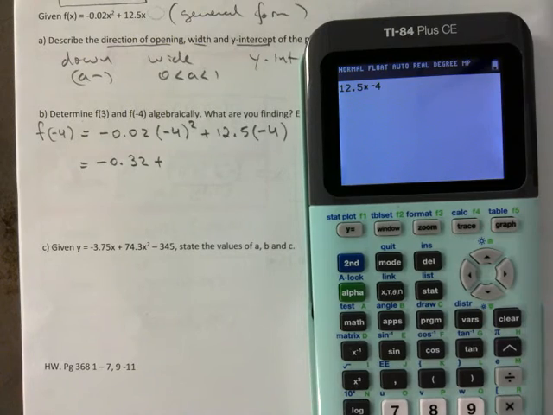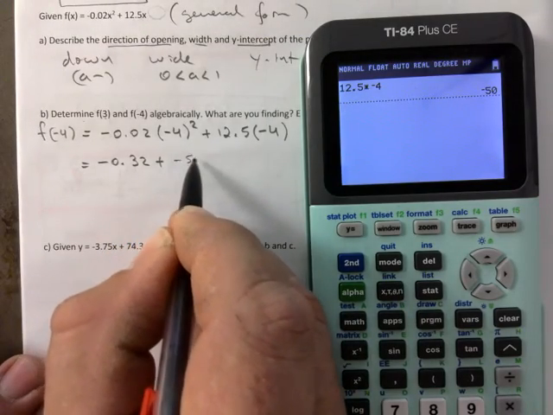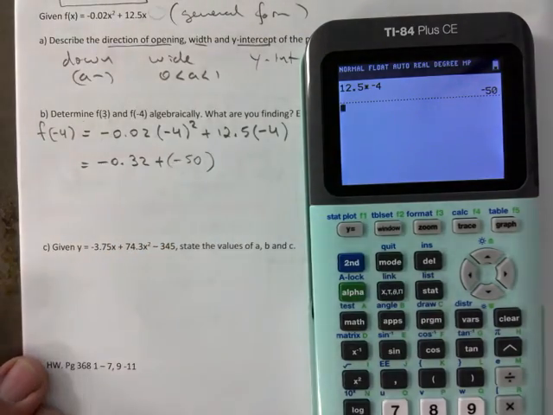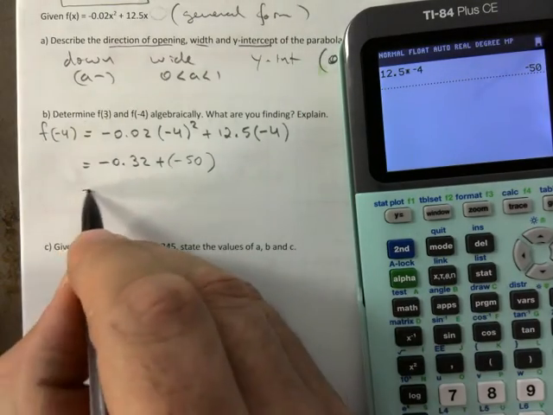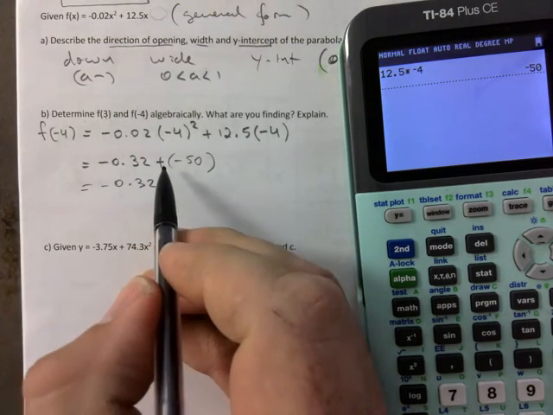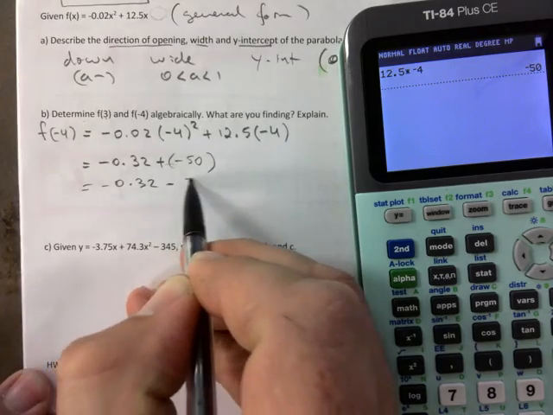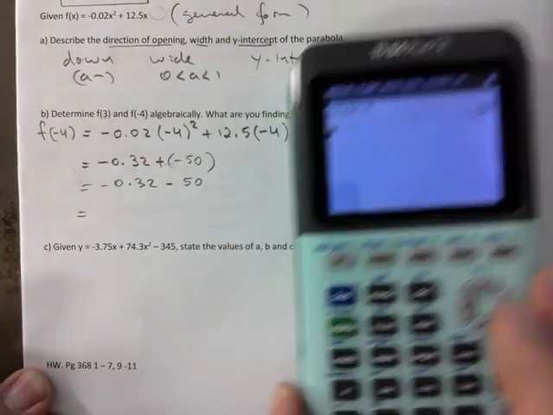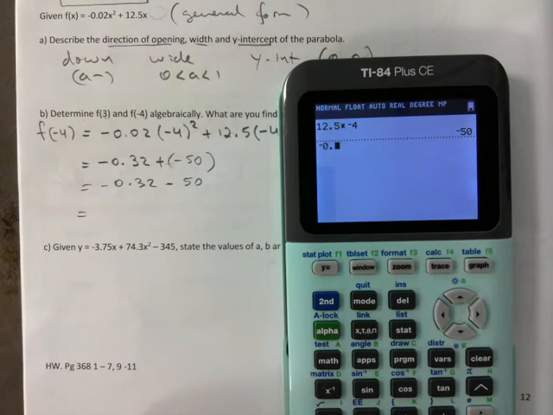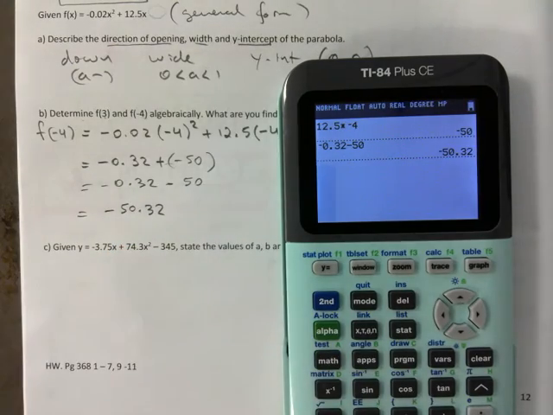So it's 12.5 times negative 4, and that's negative 50. Whoa, what's this? Negative and positive. I don't like that, right? You know opposite signs, when they're next to each other, it's always negative, right? Positive times negative, so it's just this. So it's negative 0.32 minus 50. So that's negative 50.32.